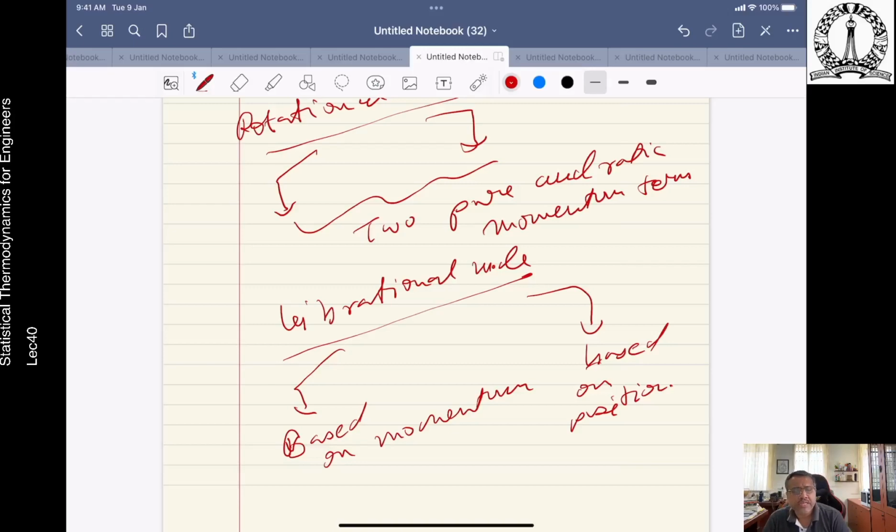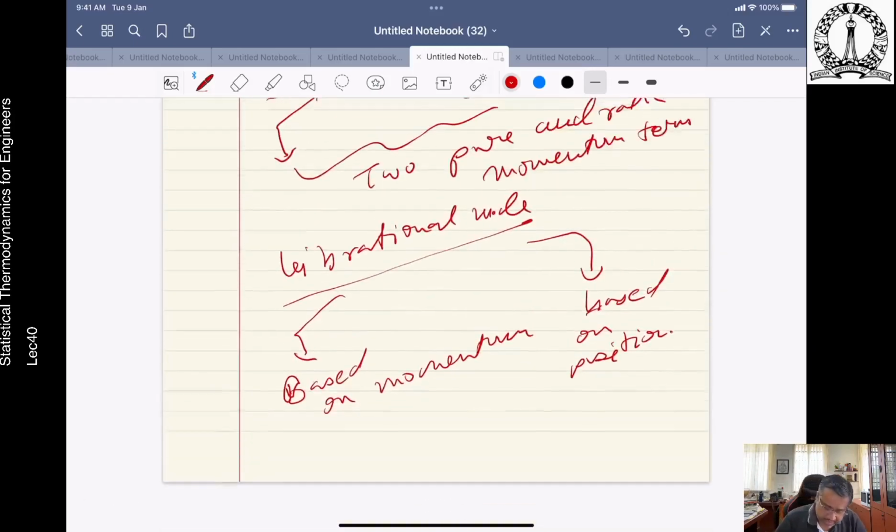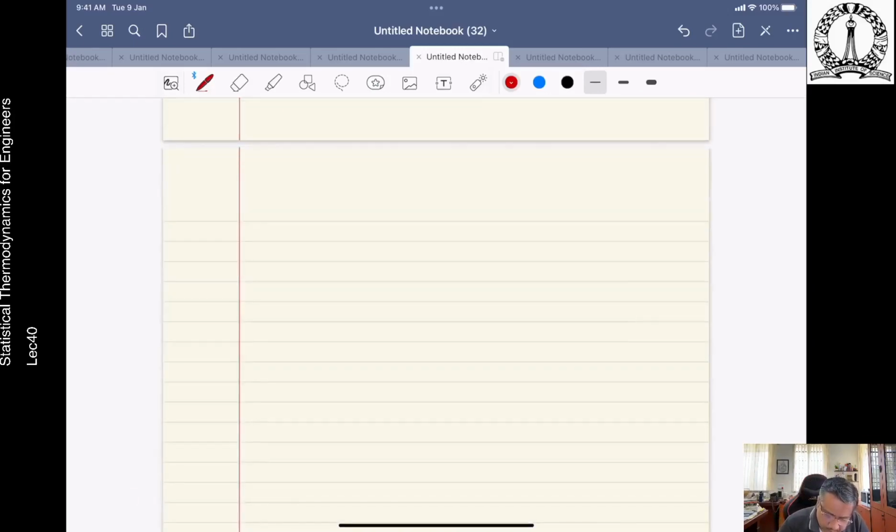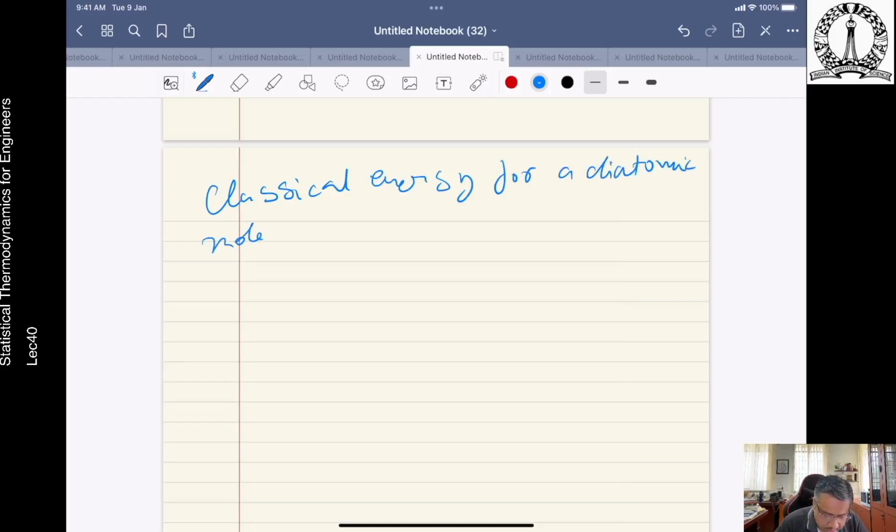So the summary of the classical energy for a diatomic molecule is that it is composed of 7 pure quadratic terms.